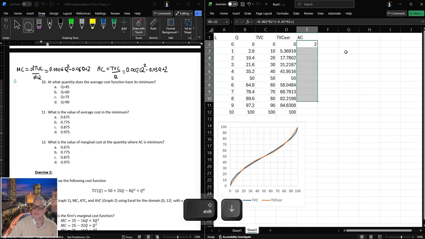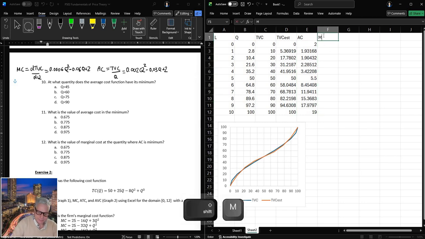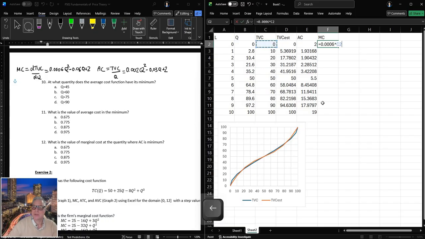Okay, let's copy this down. You can copy down, Control D. And the marginal cost, which is this one here to the left, is equal to 0.006 times Q squared minus 0.06 times Q plus 2.